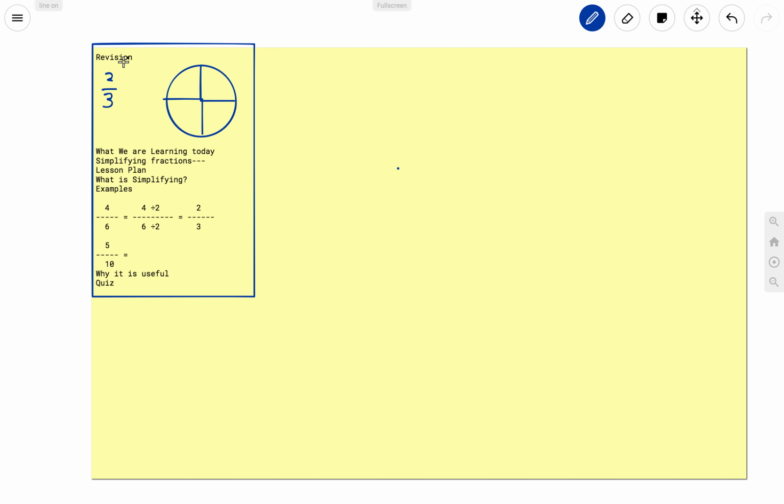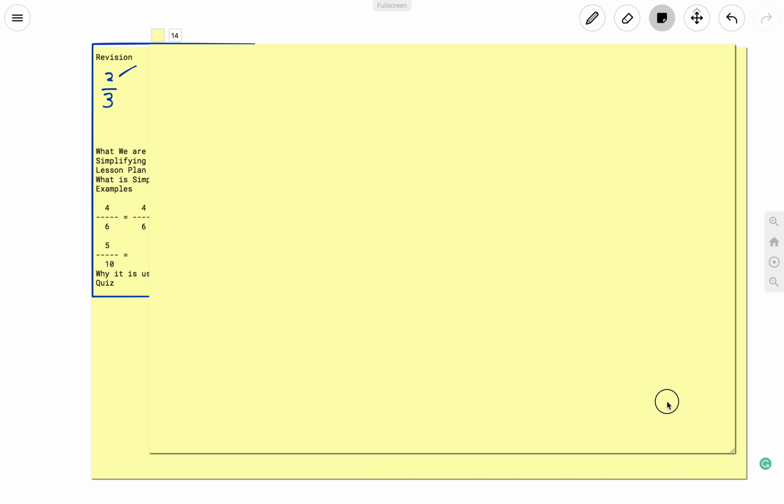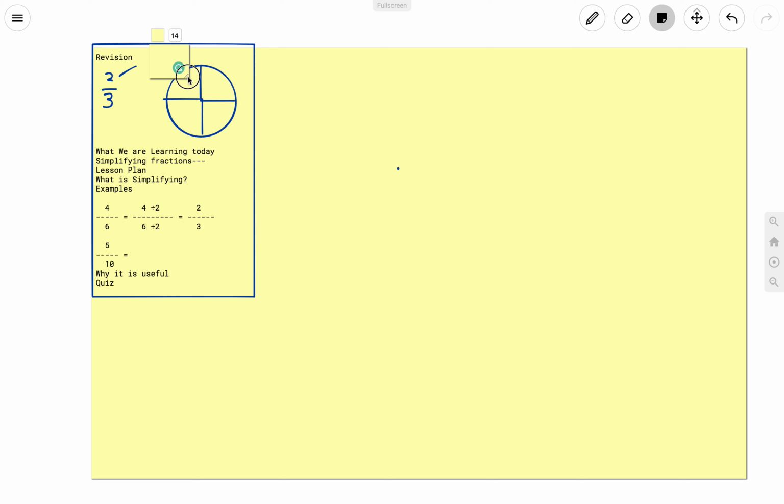So first of all, what is that number called fractional wise? If you remember from last time's lesson, that's called a numerator.